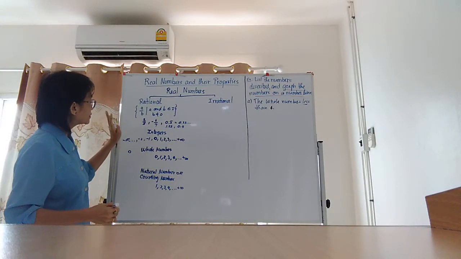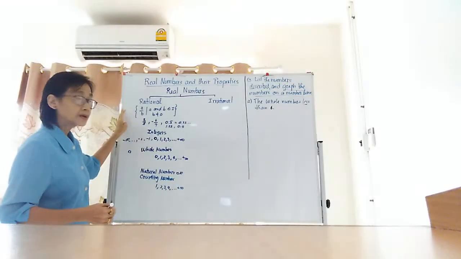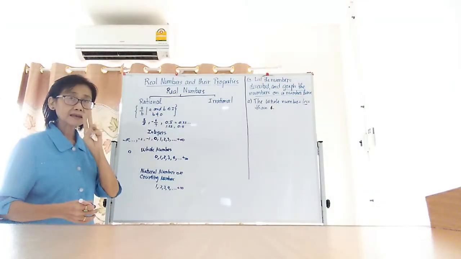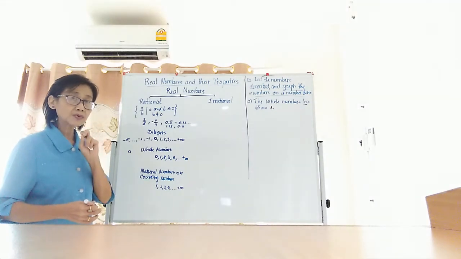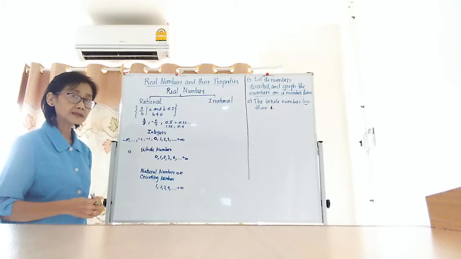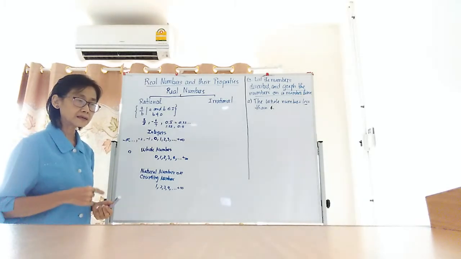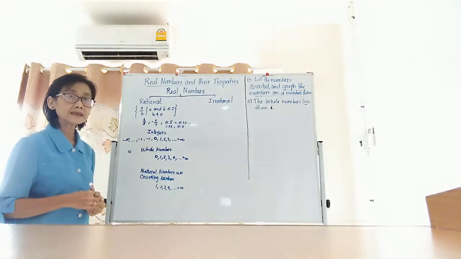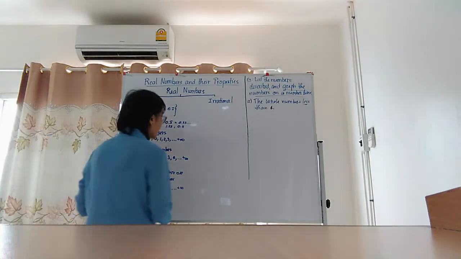Okay, so from all this, can I go back to rational numbers? Because within rational numbers there are two kinds of decimals. One is the terminating decimal, and the second one is the repeating decimal. Okay, I will write it down here.